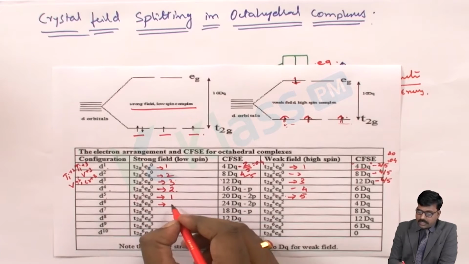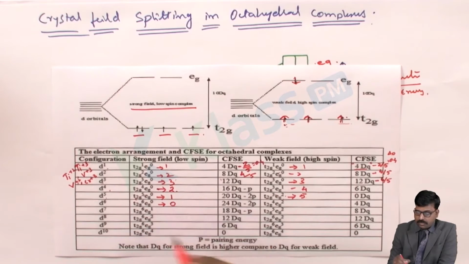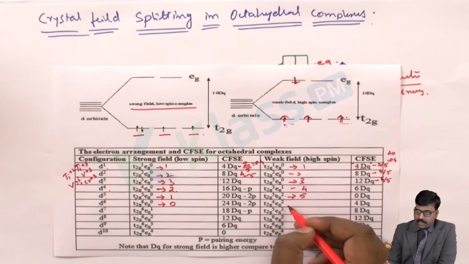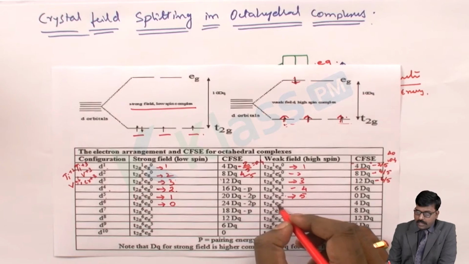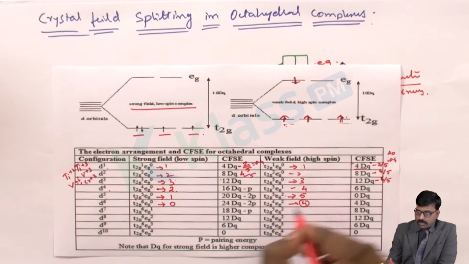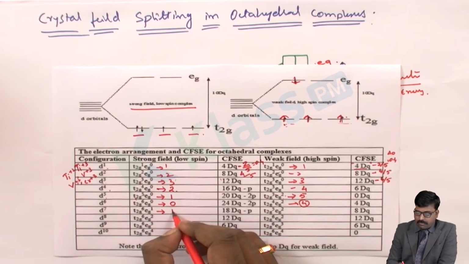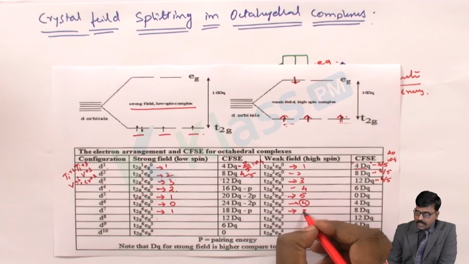Again, here if you consider, the number of unpaired electrons for the D6 electronic configuration is 0. And the number of unpaired electrons in the weak field ligand is t2g4 and eg2. That means 4. Okay, so here the number of unpaired electrons will become 1, and here the number of unpaired electrons will become 3 again.